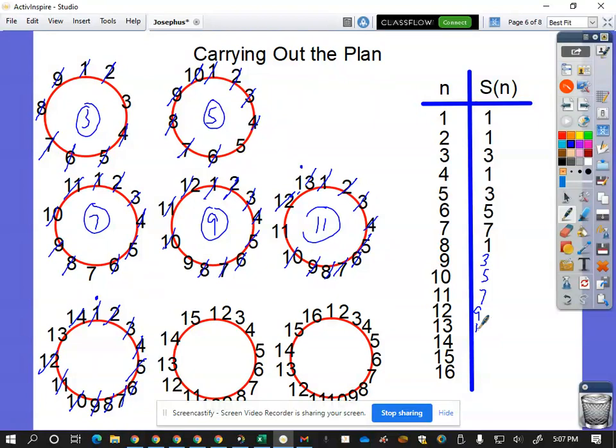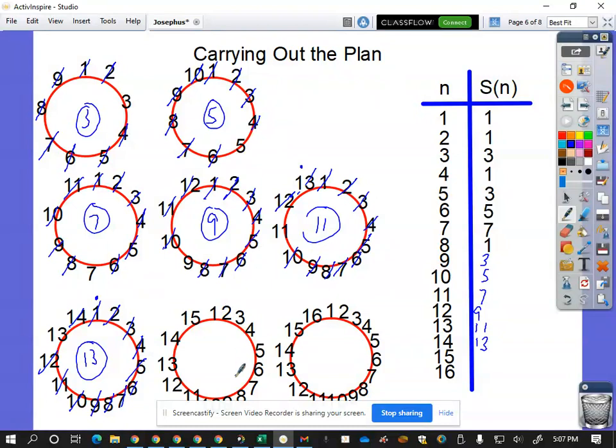So for 14 people, 13 is our winning seat number. So you can see that we're always able to eliminate all the evens and then look back at a smaller example of what we have left and know exactly where that seat is going to be.